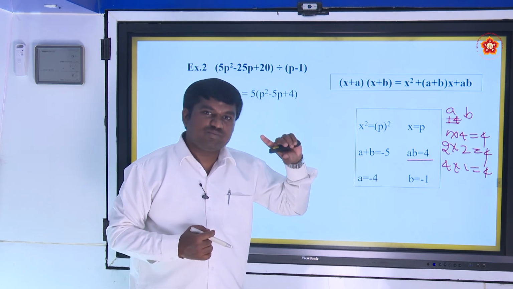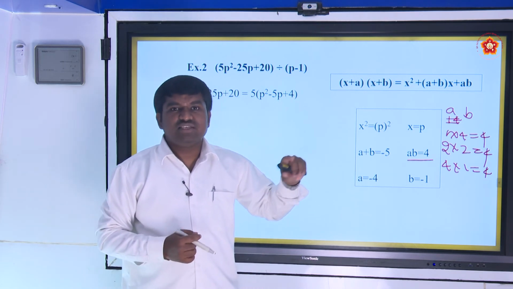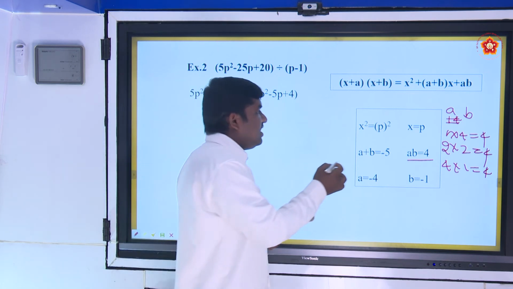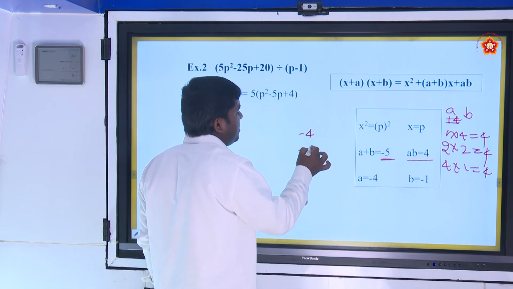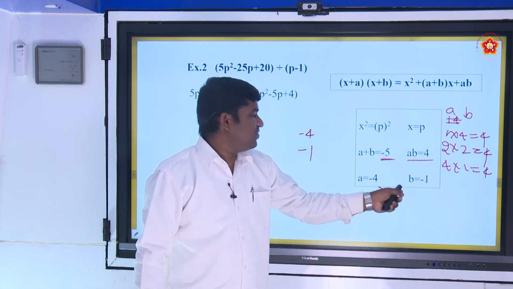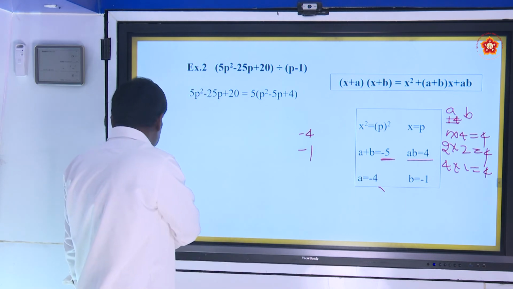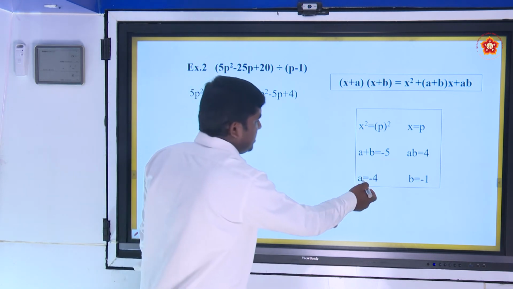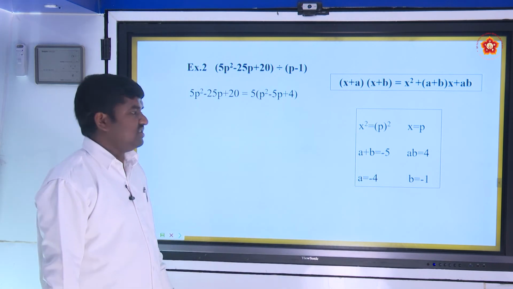If it has plus and plus, we can add; if it has minus and minus, we can add. But here, to get minus 5, we have to add minus 4 and minus 1, so a value is minus 1 and minus 4, b value is minus 1. You can alter it: a is equal to minus 1, b is equal to minus 4, that is also correct.